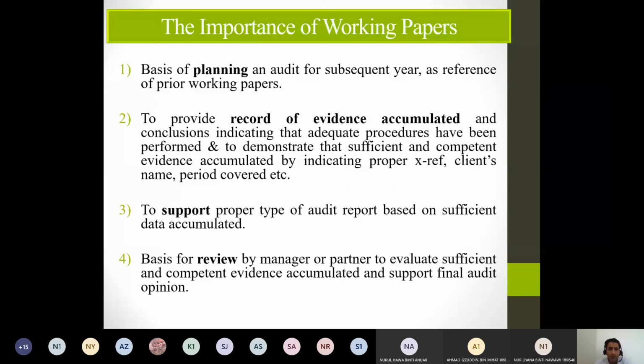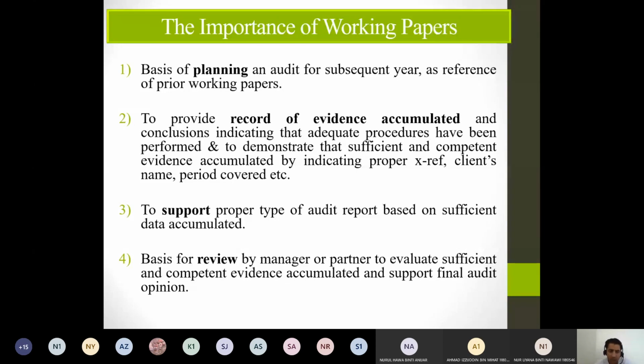Okay, then what is the importance of working papers? We mentioned it just now, but this is in a different way. It helps the planning. It helps recording of evidence accumulated. It helps support the proper type of audit report.